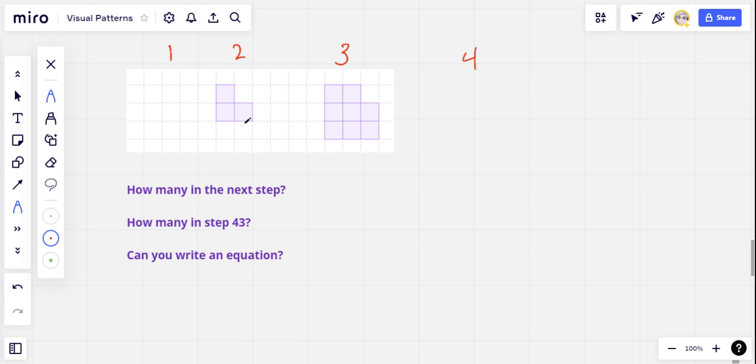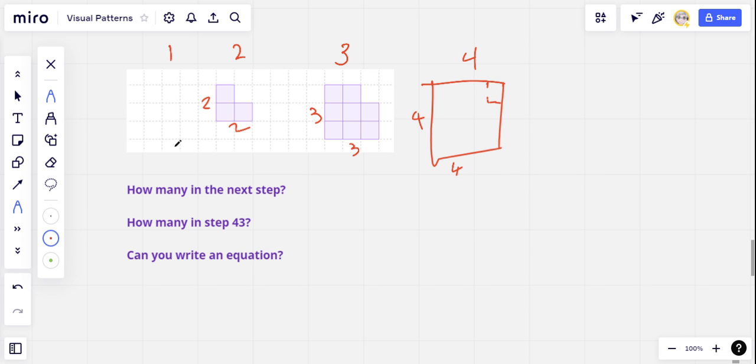This looks like a box with one square taken away. This also looks like a box with one square taken away. And if the square wasn't taken away, this would be a 2 by 2 box. This would be a 3 by 3 box. So if I'm going to predict the next step, I would think this would be a 4 by 4 box with one square taken out.